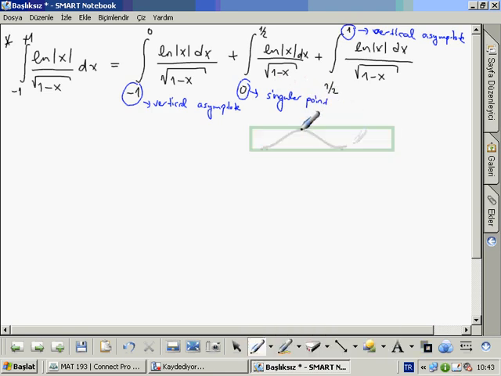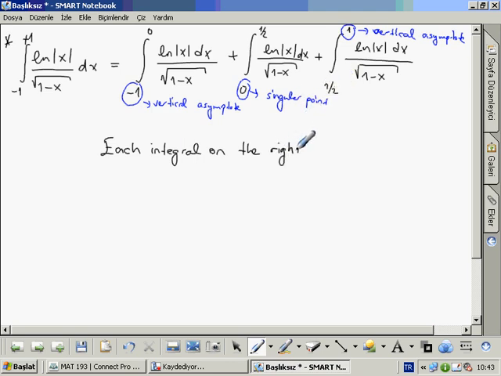So each integral on the right is improper because of singularity at one endpoint, as you see.